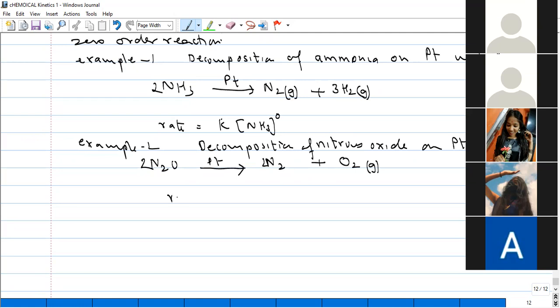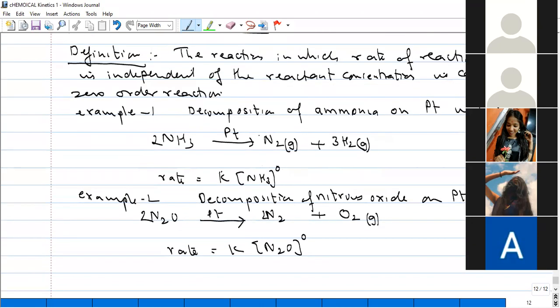The rate here is equal to k [N2O] raised to 0. So it is independent of the concentration of nitrous oxide. So these are the two examples of zero order reaction.